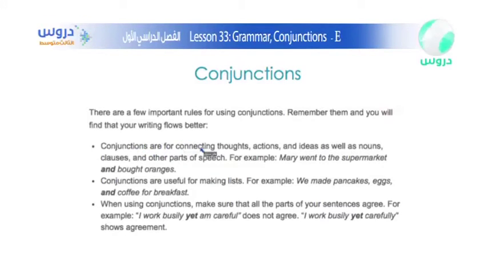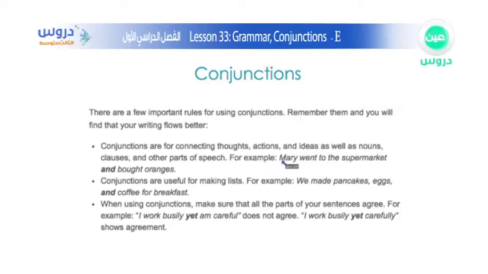Conjunctions are for connecting thoughts, actions, and ideas, as well as nouns, clauses, and other parts of speech, to connect them together, guys, okay? For example, let's say here in this sentence, it said and, as well as, okay?